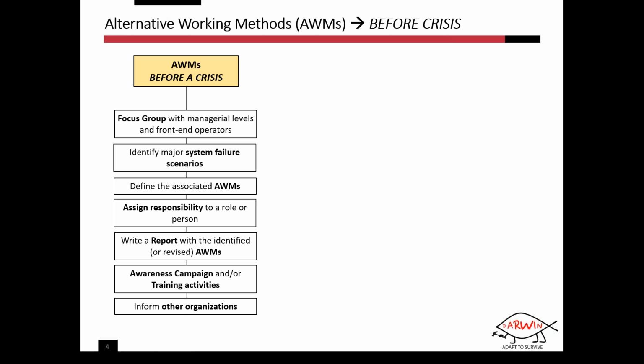So this focus group is done with representatives of people from the managerial levels, but also from the front-end operators. And these people together reflect on, maybe they have already some information and input, but we are in a peaceful situation yet. And they identify together, they brainstorm on possible major system failure scenarios.